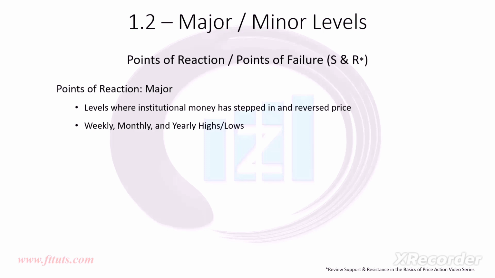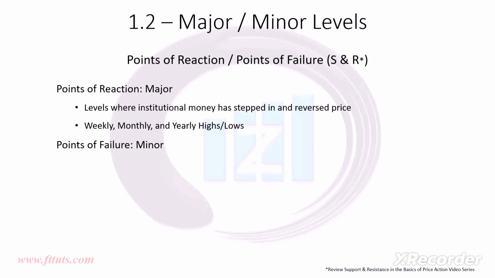We don't want to try and buck the trend. We want to trade with the trend. We don't want to be where dumb money is, and that's the 90% of all of the retail traders that lose money in the market. We don't want to be a part of that group. Okay, we want to be a part of smart money. So we have our major points of reaction, and those are very easy to spot.